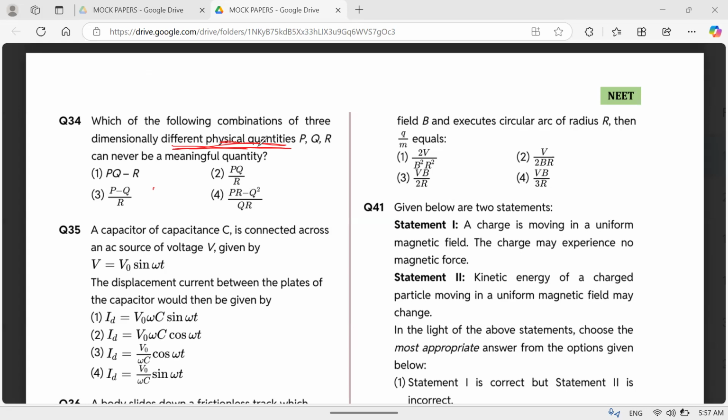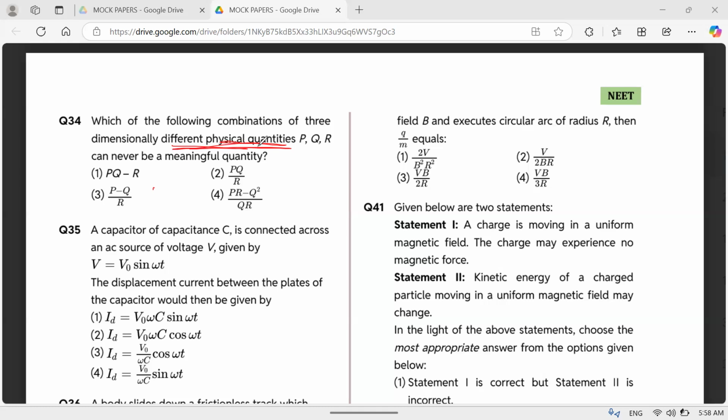Okay? Option 2. P, Q, R can never be meaningful. Which is the best option? Okay.